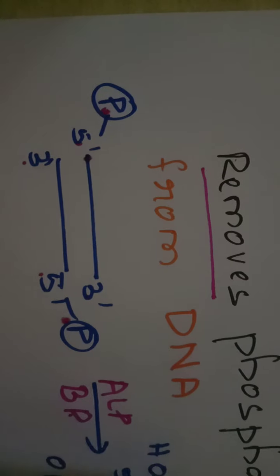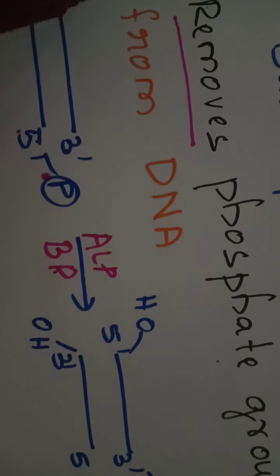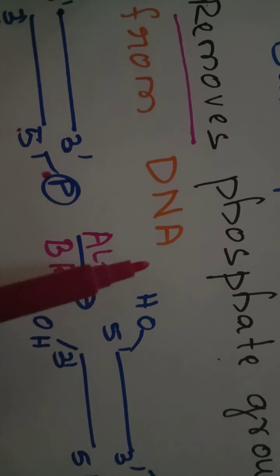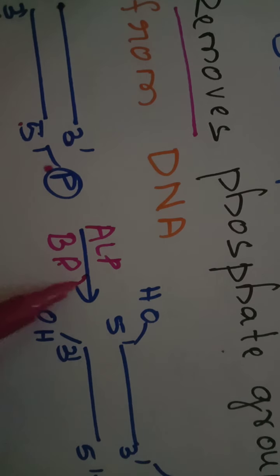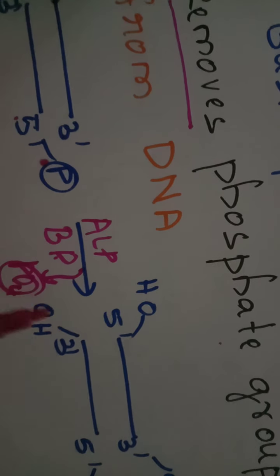What alkaline phosphatase, or basic phosphatase, will do is remove the phosphate group. Earlier you had a phosphate group over here, and this group has been removed and the hydroxyl group is left. So it removes the phosphate groups from the 5' terminal of DNA or RNA.